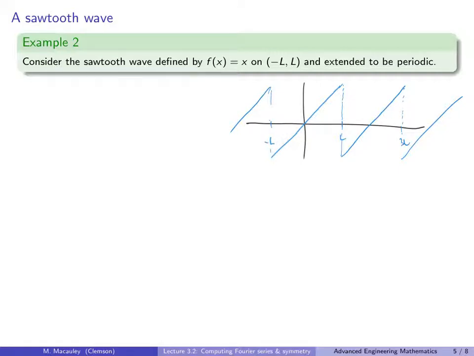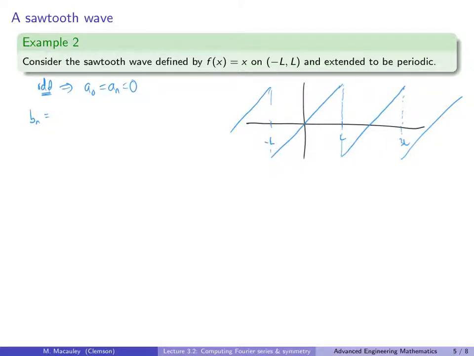So as before, this is an odd function. So all of the A's, A0 and An, are going to be equal to 0. Okay, so let's compute the Bn's. So the Bn, well, right away I'm going to say, since this is an odd function, I'm going to integrate from 0 to L and double that.